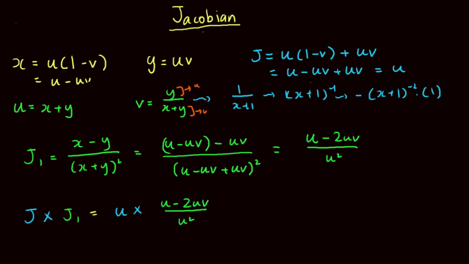Of course, once you cancel, you just remain with u over u times (1 minus 2v). So therefore we're left with 1 minus 2v.